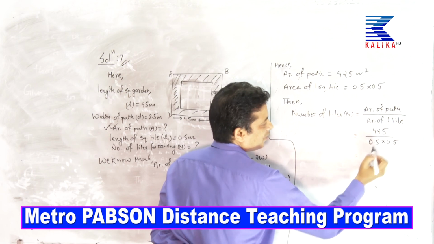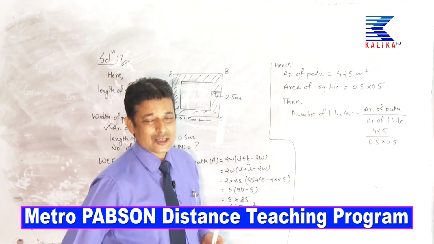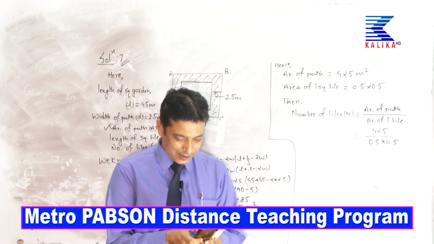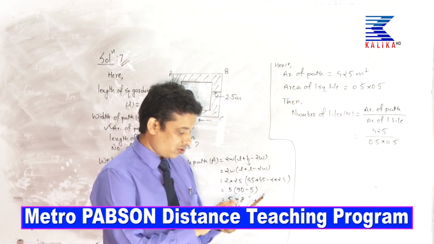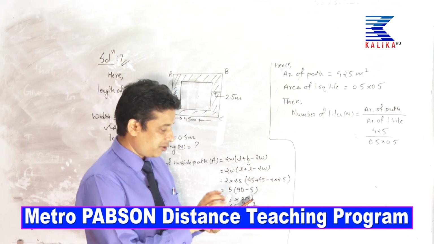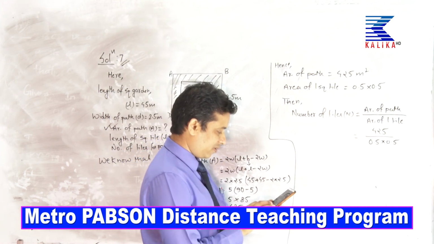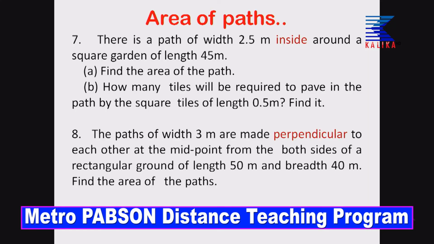You can simply use the calculator. So, let me use my device for the calculation, please. Now, 425 divided by 0.5 equals, divided by 0.5 equals 1700.